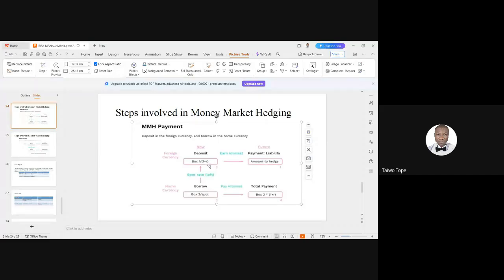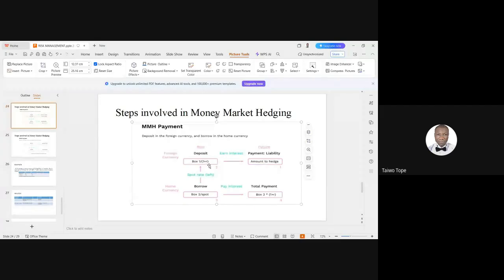How much do you want to pay? This is the amount.